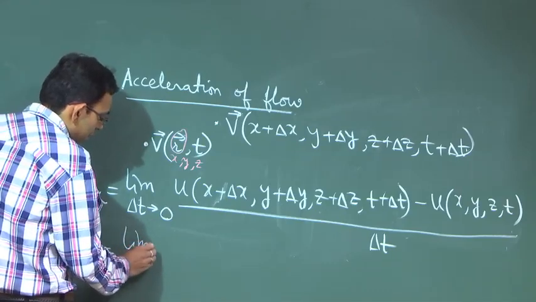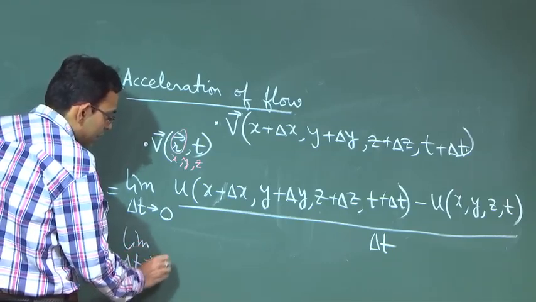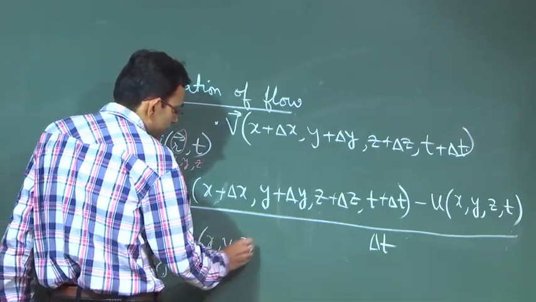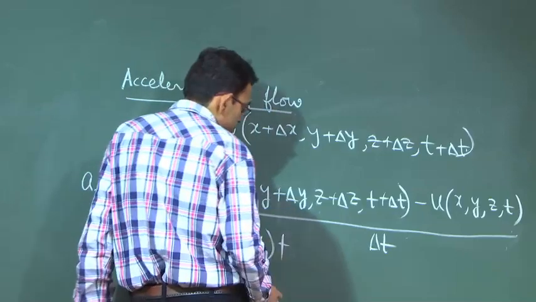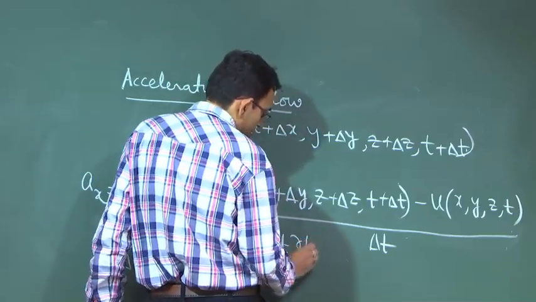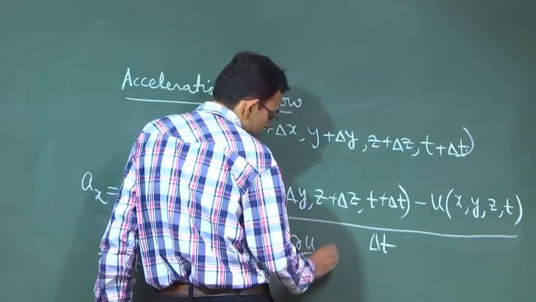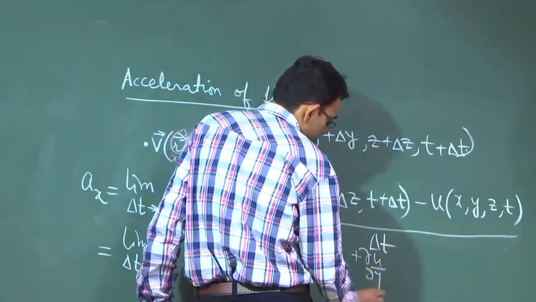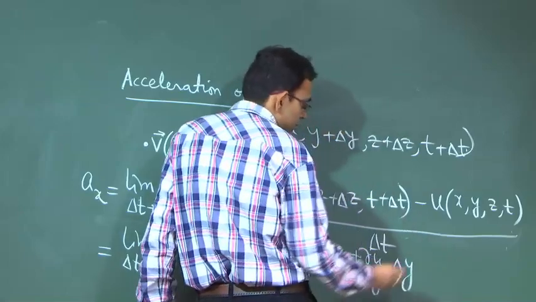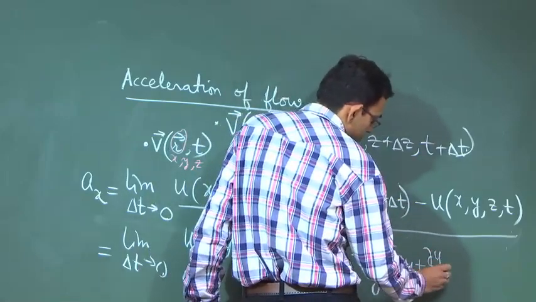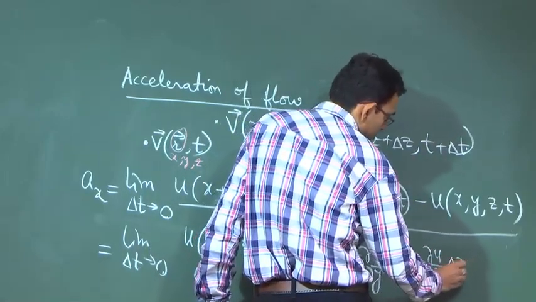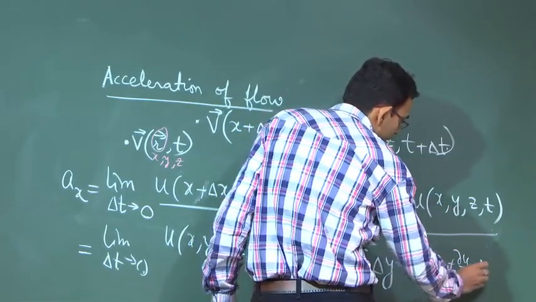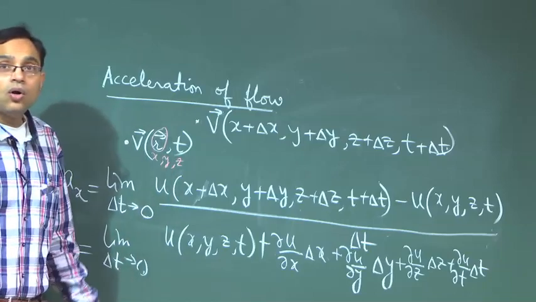So limit as delta t tends to 0, I am writing the Taylor series expansion of this as u(x, y, z, t) plus, so these are first order terms.